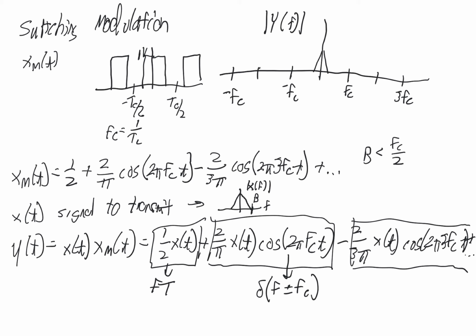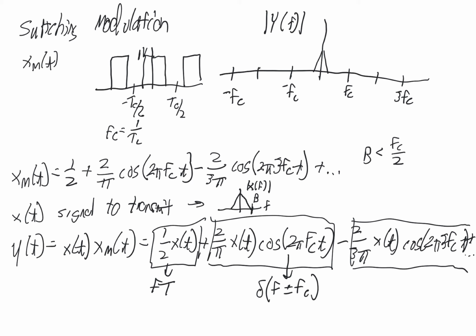So that's the Fourier transform for that. And when I multiply that by another signal, as we showed back a couple days ago in chapter 5, I take whatever the spectrum of x of t was, and I move it up to plus fc and minus fc. That is the effect of multiplying by this cosine.